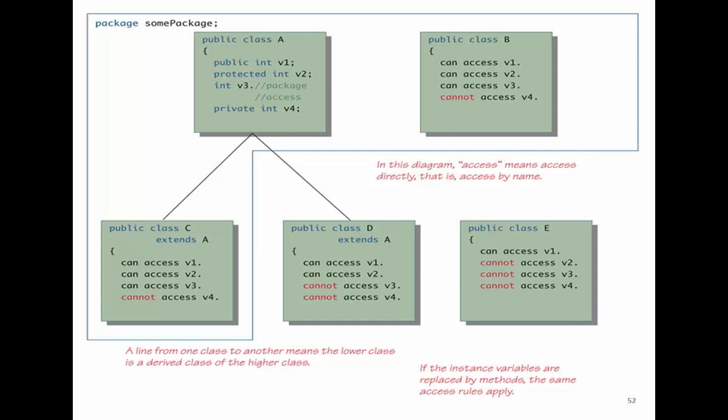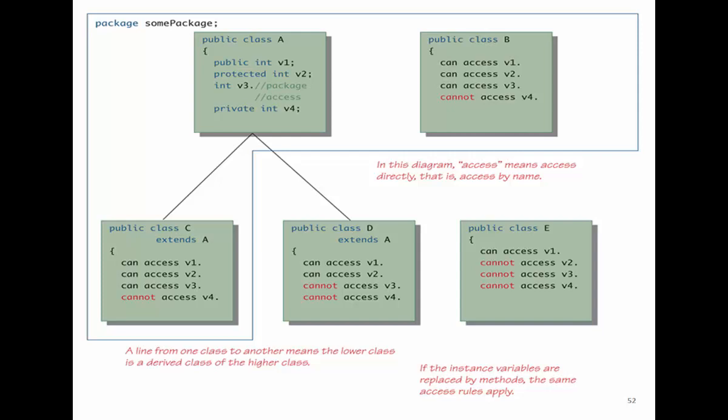So class C extends A, and class D extends A. But you can see here, A, B, and C are in the same package. D extends A, but lives in a different package, and E also lives independently in a different package. In the diagram, when we say access, we mean that we can directly access this field by its name.